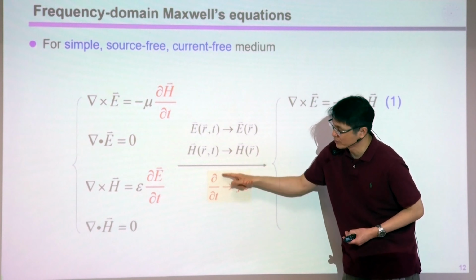Okay, so let me just walk you through again. This is to review the assumptions that we made. So we start from curl of E is equal to negative j omega mu H, right? We can take curl on both sides, right?